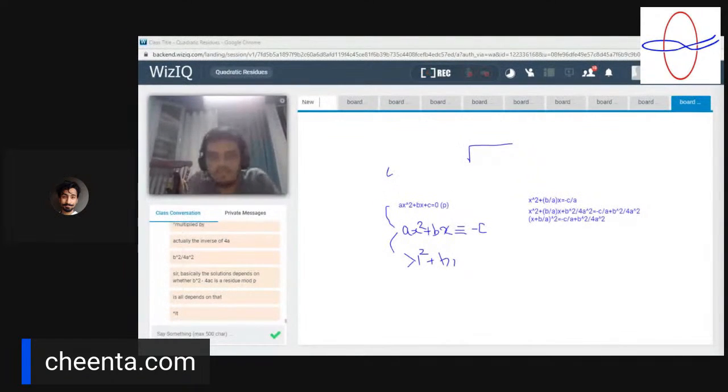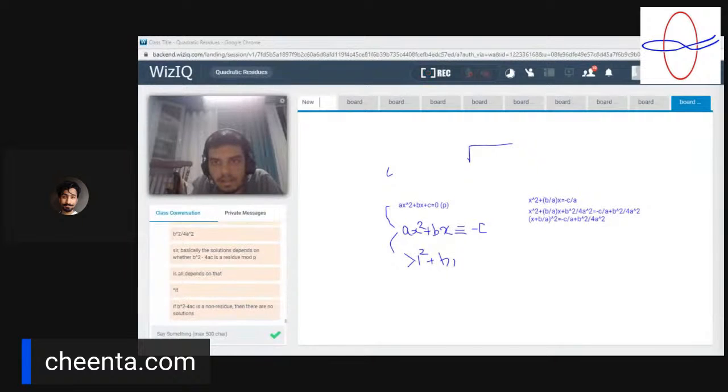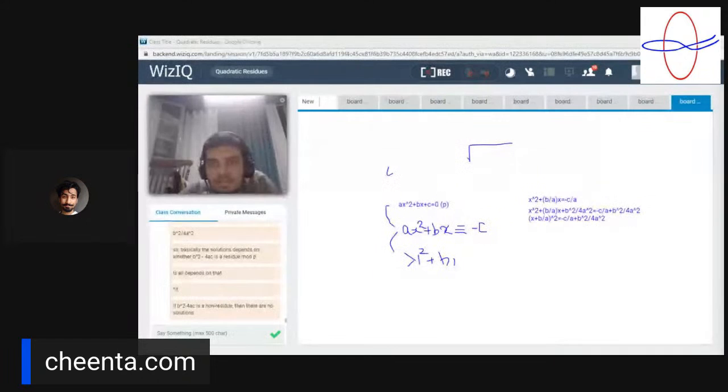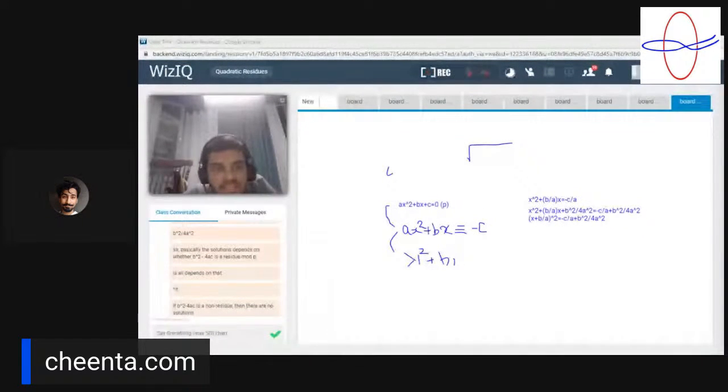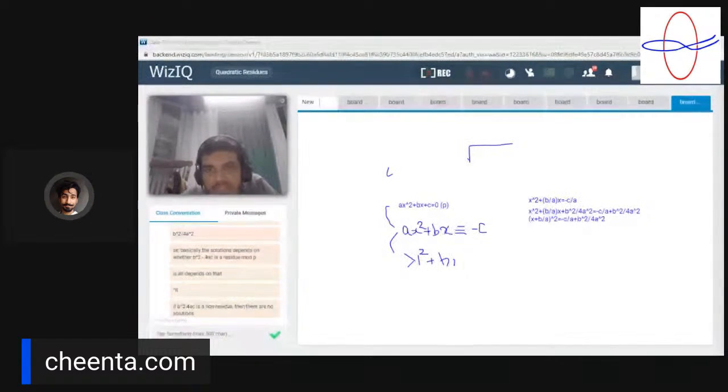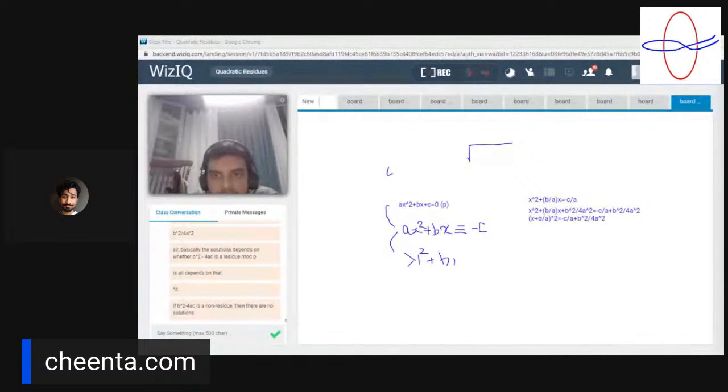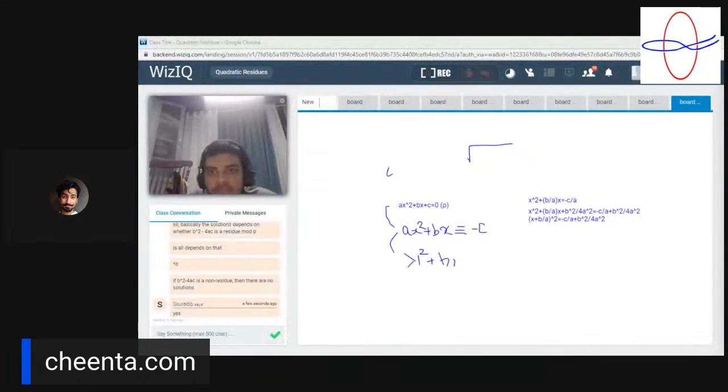So if b square minus 4ac is a non-residue, then you really don't have any solution to this square. Otherwise, you can find a solution.